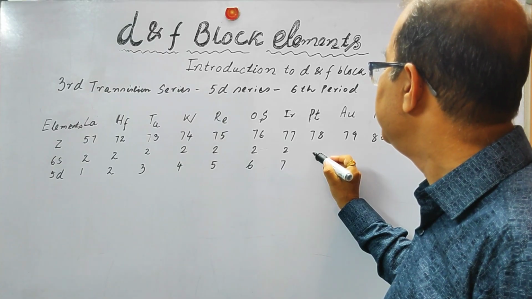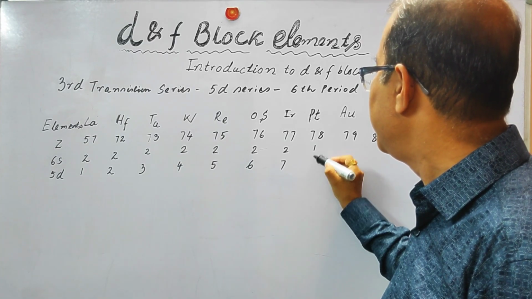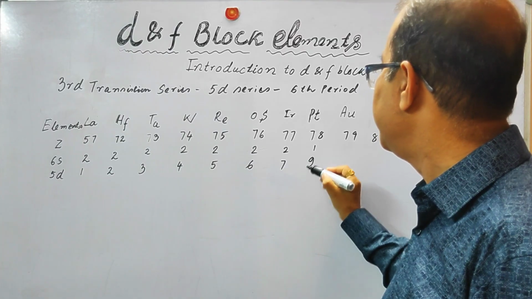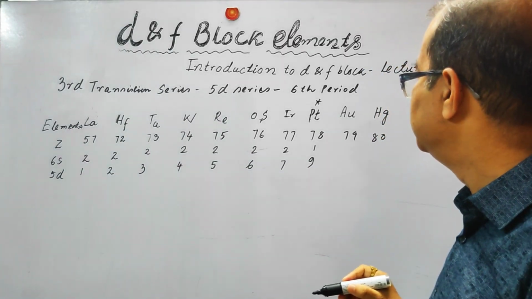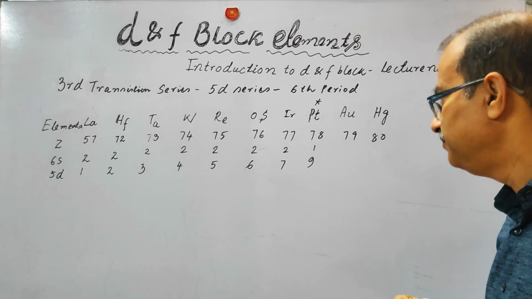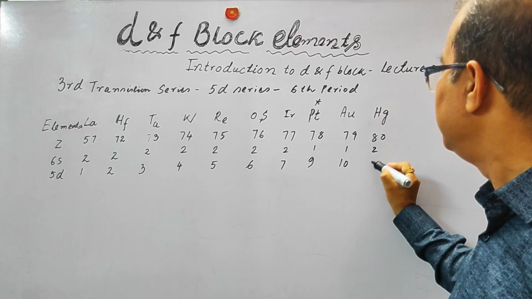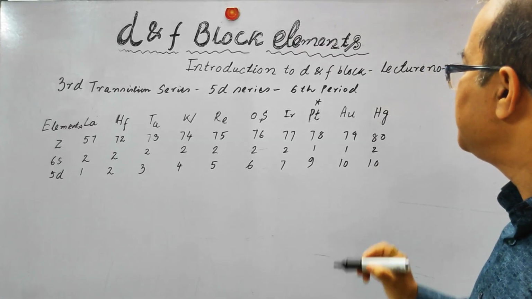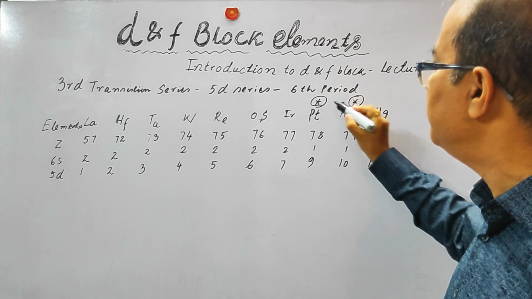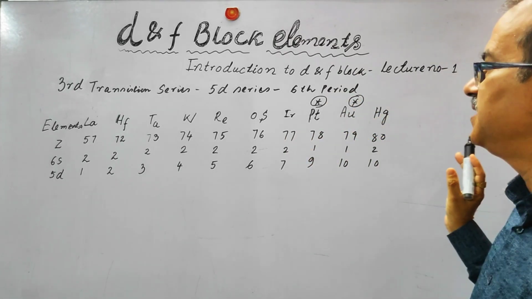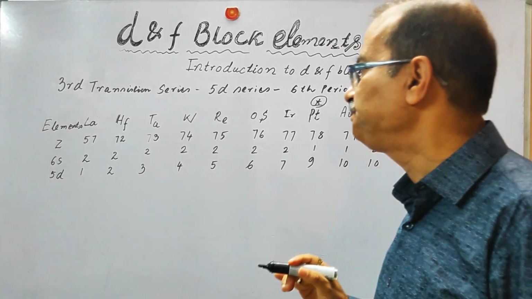Now in the platinum you can see this will be 1 and 9, platinum. So the exception you can see is in gold and platinum in this series.